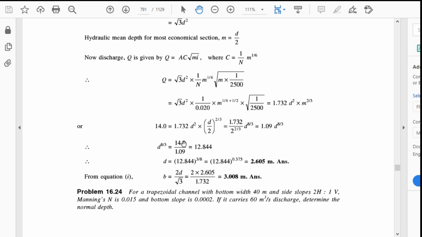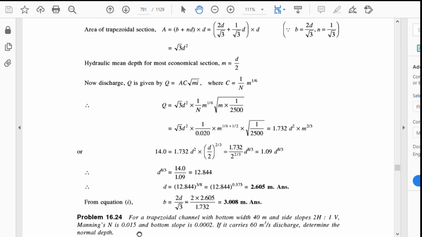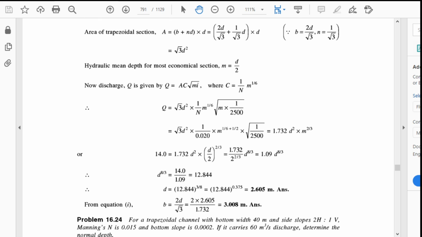Remember that there are two slopes, one is n and one is I. I is nothing but your bed slope and n is nothing but your side slope. Also you have to remember the differentiation and the simple mathematical calculations.